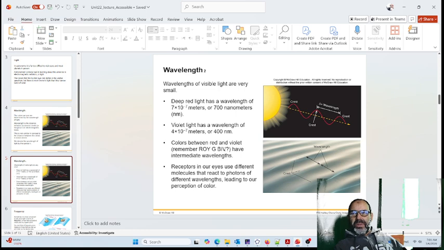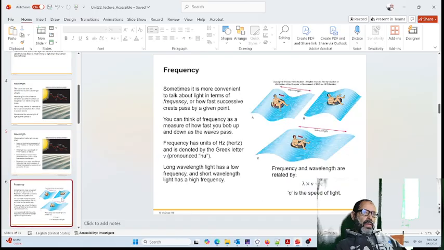Our eyes, we see colors differently. Some of us see better than others. Some of us don't even see colors. Okay, so this is basically a kind of standard way of calling it, but that's not the unique way of dividing wavelengths.